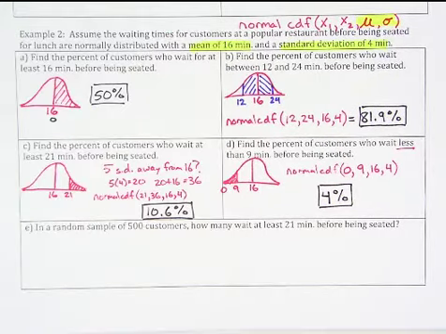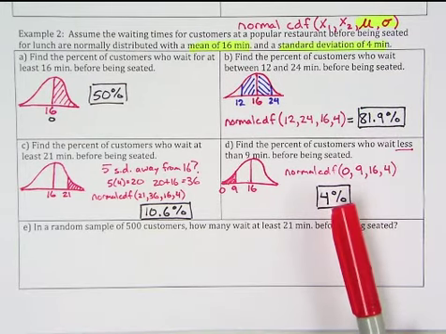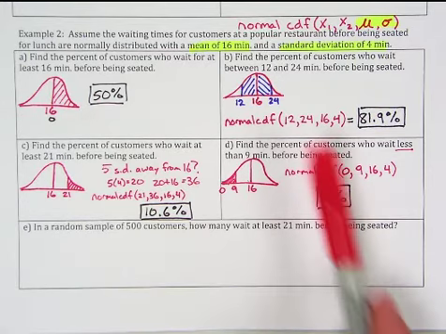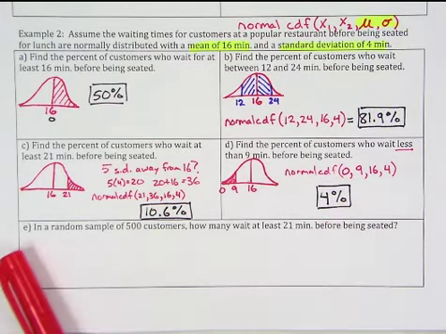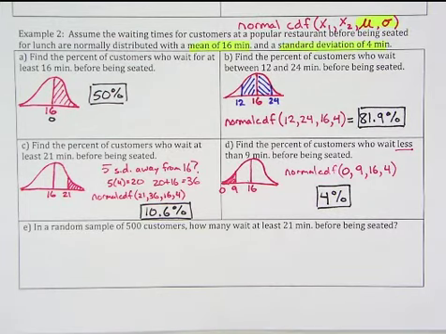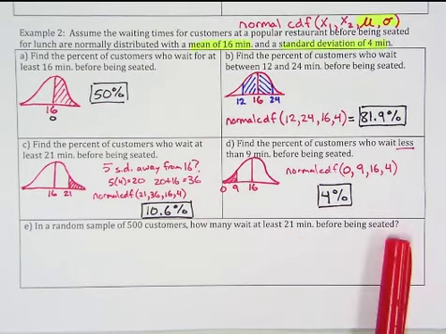All right, so far all we've done in all of our problems is deal with percentages. Now, how can we actually apply this? Well, the percentage is actually a probability of, if you picked one person, what's the chance that they would fall in a certain range? Now, in example E, it says, in a random sample of 500 customers, how many wait at least 21 minutes before being seated?